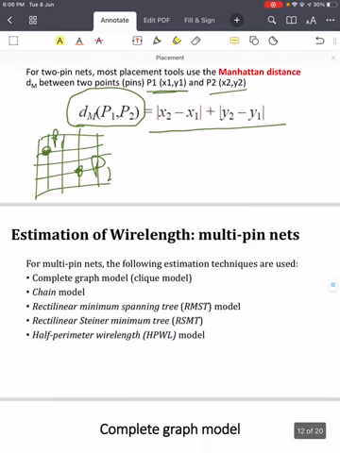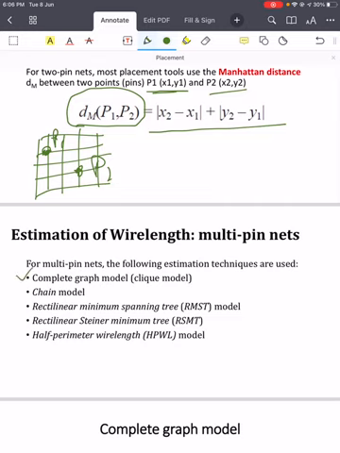Now, for multi-pin nets, we have to use some kind of estimation model or technique. What are those techniques? Now I am going to describe them. For multi-pin nets, the following estimation techniques are used. One is called the complete graph model. Second, we have the chain model.